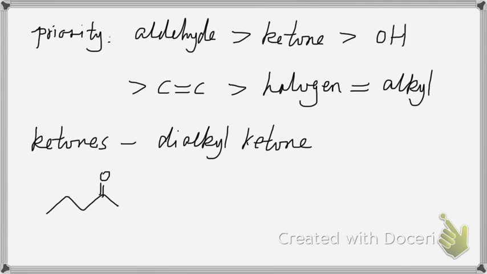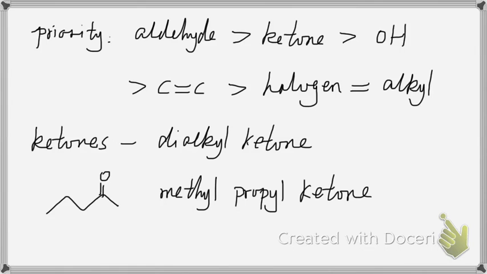So the 2 alkyl groups will be propyl on the left side and methyl on the right-hand side. We name the compound as methyl propyl ketone. Similarly, we will use alphabetical order to list the 2 alkyl groups.